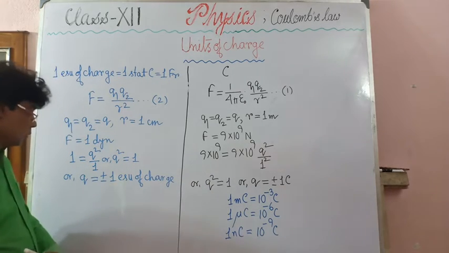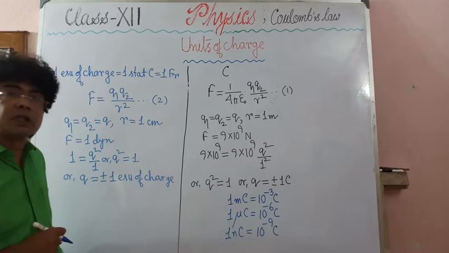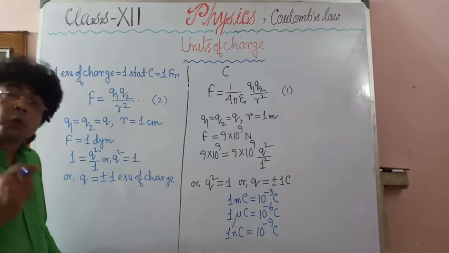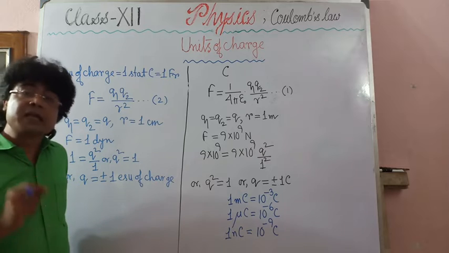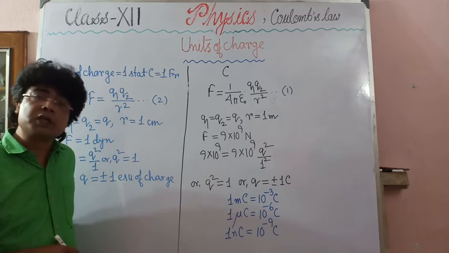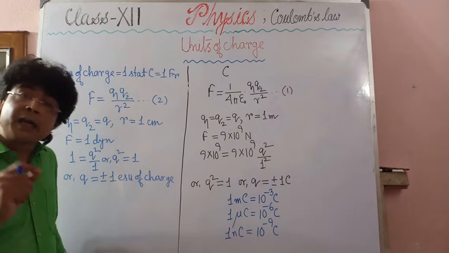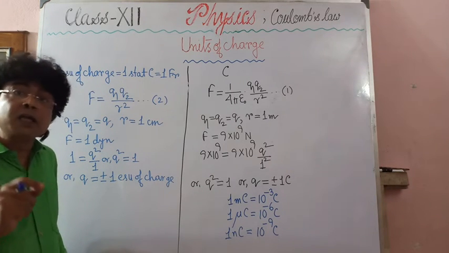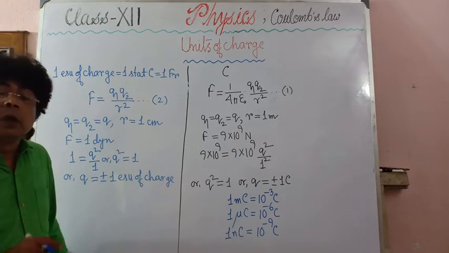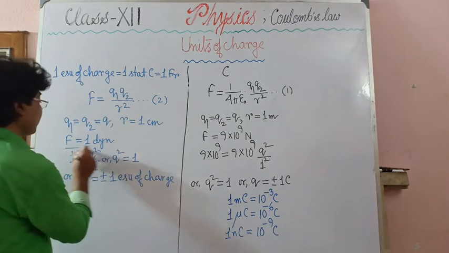So 1 ESU of charge is that charge which repels an equal and similar charge when placed at a distance of 1 centimeter from it in vacuum with a force of 1 dyne.